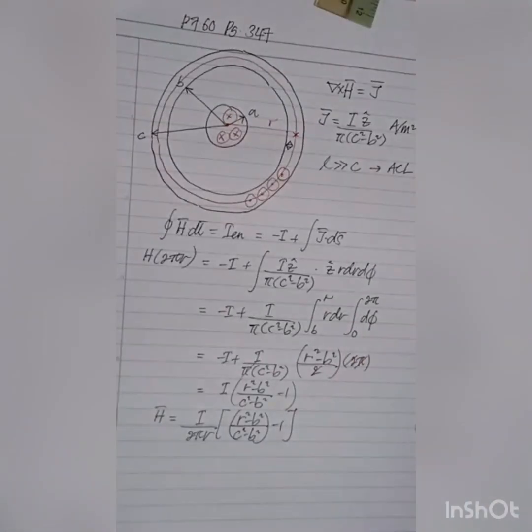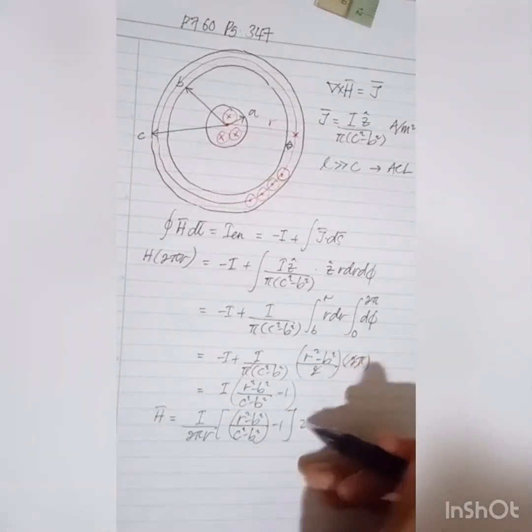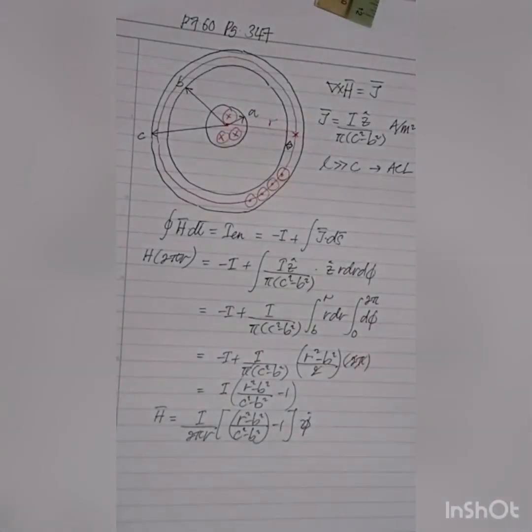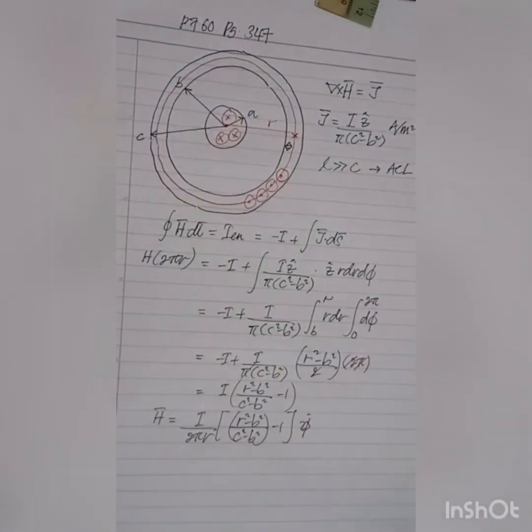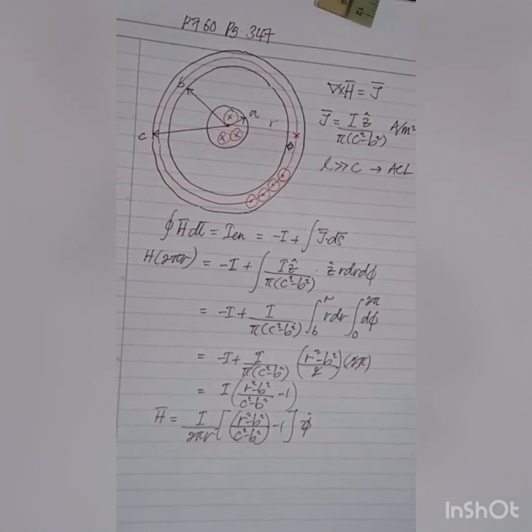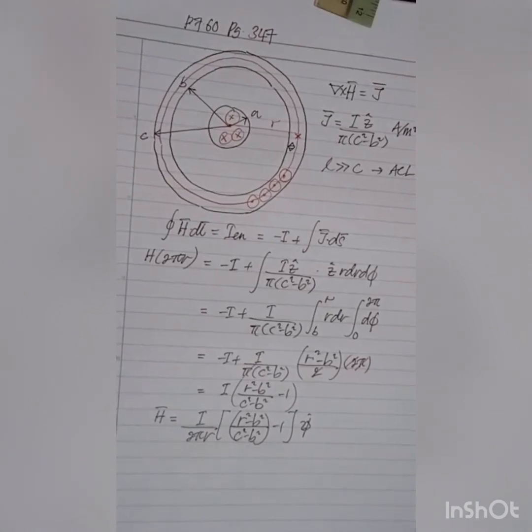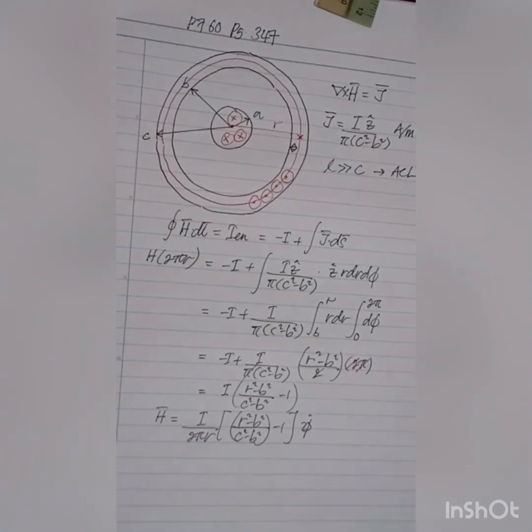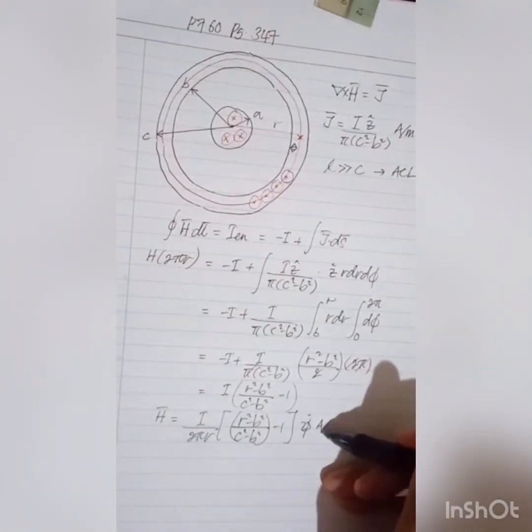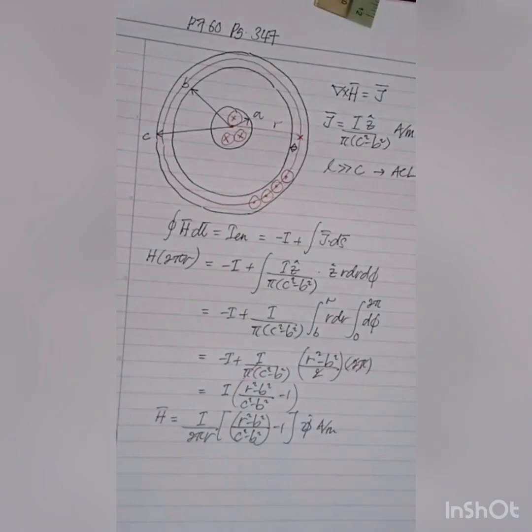So now we have it in phi directions. Okay, that's the default direction when the I is flowing in z. So by that we can say the H will flow in the positive phi direction, with unit of ampere per meter.